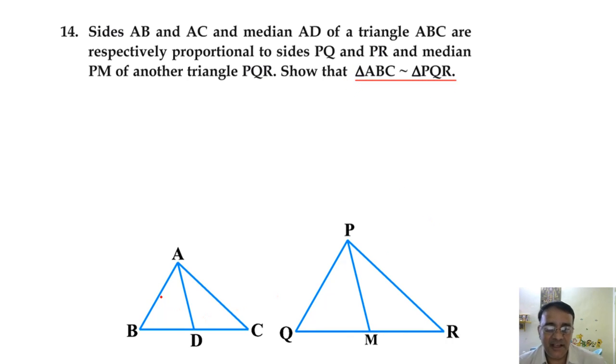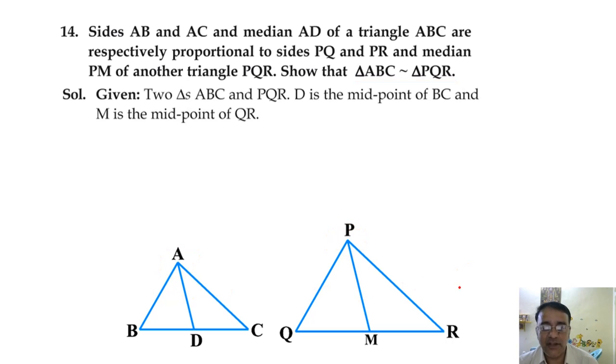So इसमें क्या क्या दिया हुआ देखो. AB upon PQ, right, and AC upon PR, and the last one is AD upon PM. हम लोग का मेन टारगेट क्या है? ये दोनों एंगल्स को इक्वल प्रूफ करना. एंगल A इज इक्वल टू एंगल P.